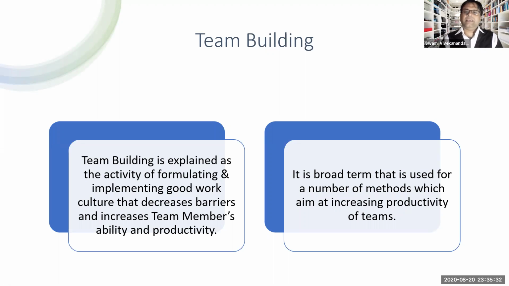Team building is explained as the activity of formulating and implementing a good work culture that decreases the barriers and increases the team members' ability and productivity. So that means team building is basically developing and implementing a work culture that is going to reduce the inhibition for the group members and increase their ability and productivity.